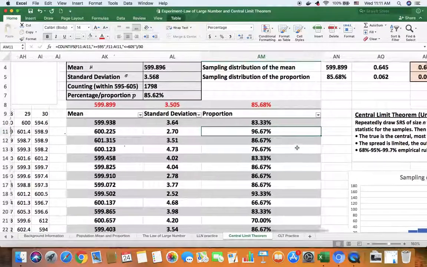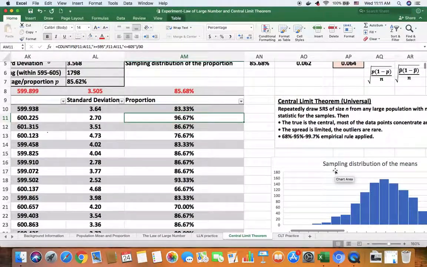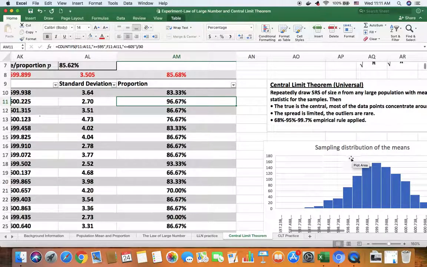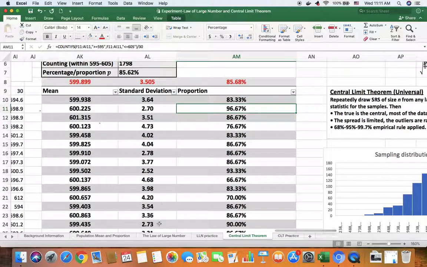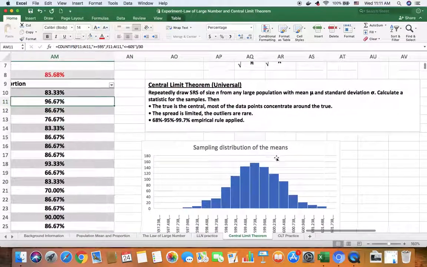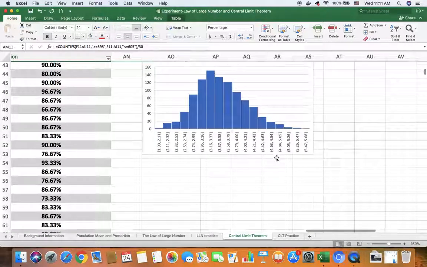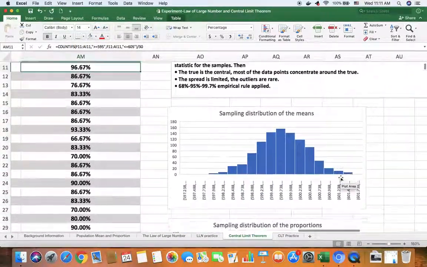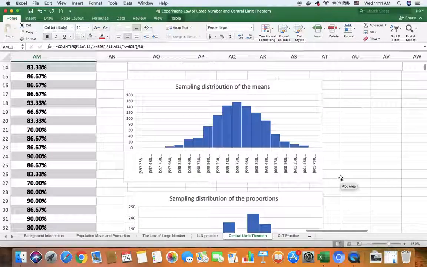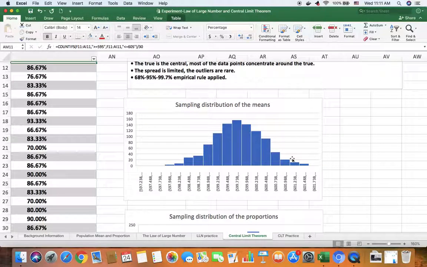Let's move to step 3 and visualize these 3 columns of data. We have 3 graphs. They look different, but they have something in common.